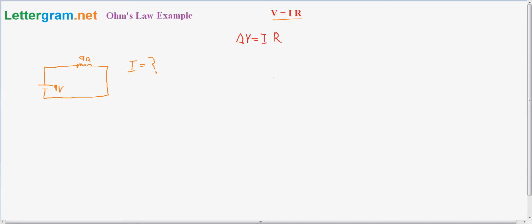So we just plug it in. V is equal to 9 volts, which is equal to I times 9 ohms, divide by 9 ohms, and we have the current equal to 1 amp. It's really as simple as that.